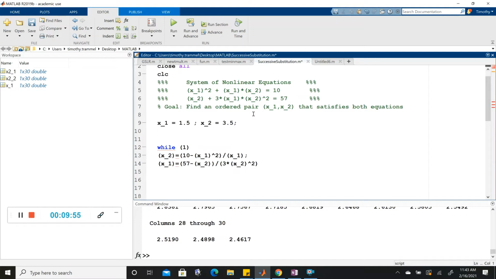And now, in order to make this a little bit more compact, I'm going to convert this to vector notation. So I'm going to call this x of 1. I'll call this x of 2. And I'm going to do this down here as well. I'm going to make this x of 2.